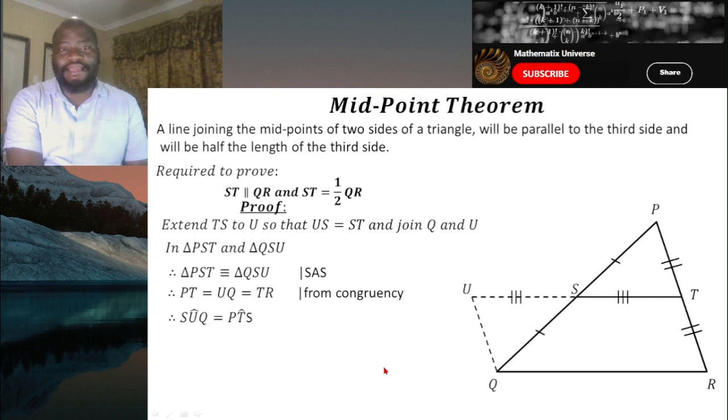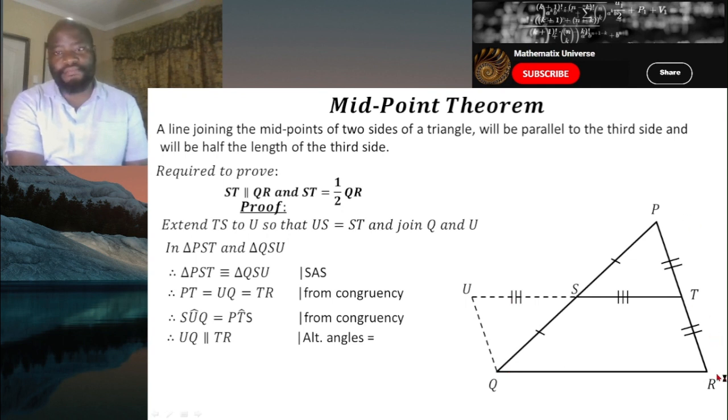Okay, then we also see that this angle here has to be equal to this angle here from congruency. But we see that these two angles are in a Z shape, which means they're alternate angles. This makes UQ parallel to PR or TR. Because the alternate angles are equal, parallel lines exist.